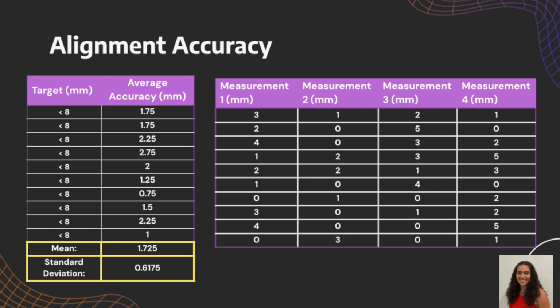This indicates that on average, we're significantly outperforming our target of 8 millimeters, and our performance is relatively consistent across runs, as seen by our standard deviation. These findings provide a solid foundation for precise image projection in our system, meeting and exceeding our initial expectations.